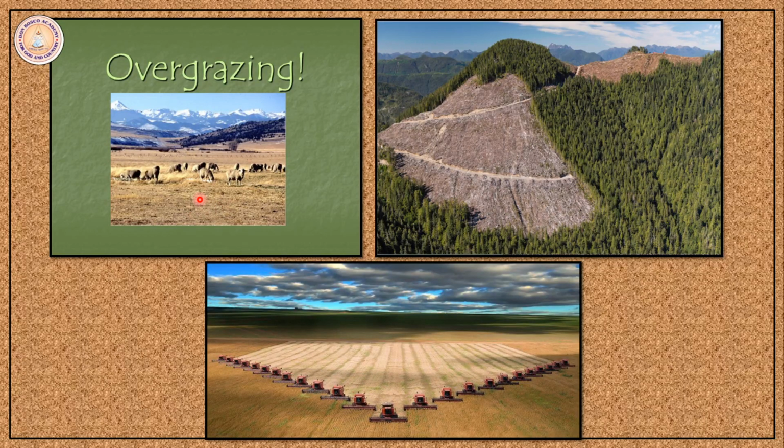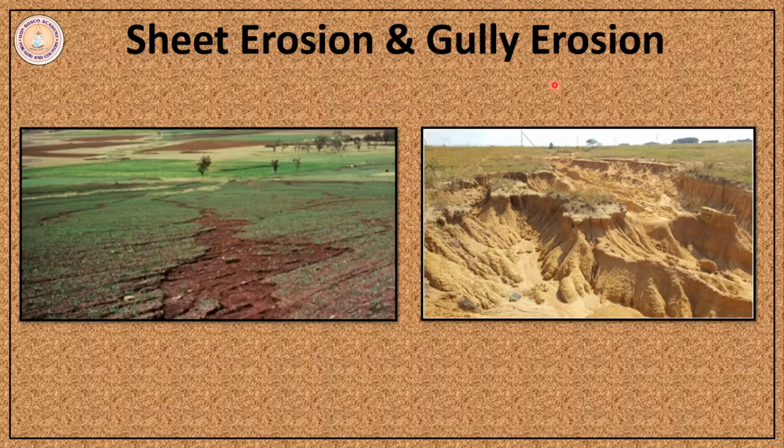Elsewhere we find sheet erosion and gully erosion being very common. Now sheet erosion occurs where there is very heavy rainfall, and if that area does not have enough vegetation, the entire soil cover, that is the topsoil, will be carried away, as if a sheet is being removed from the top of the bed.